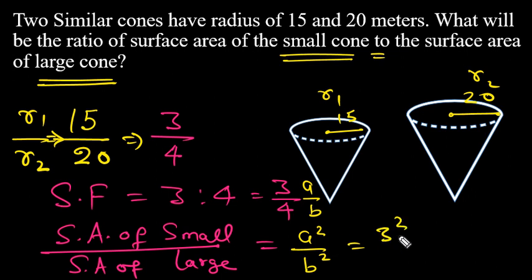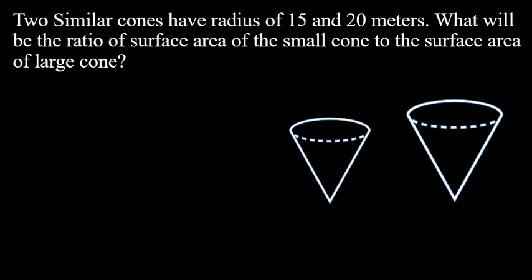So 3 squared over 4 squared, and this will give you 9 over 16. So the surface area of the small to the surface area of the large is 9 over 16, and that is your ratio. Or you can write 9 to 16. That is the ratio. Okay, let's try to solve one more question.